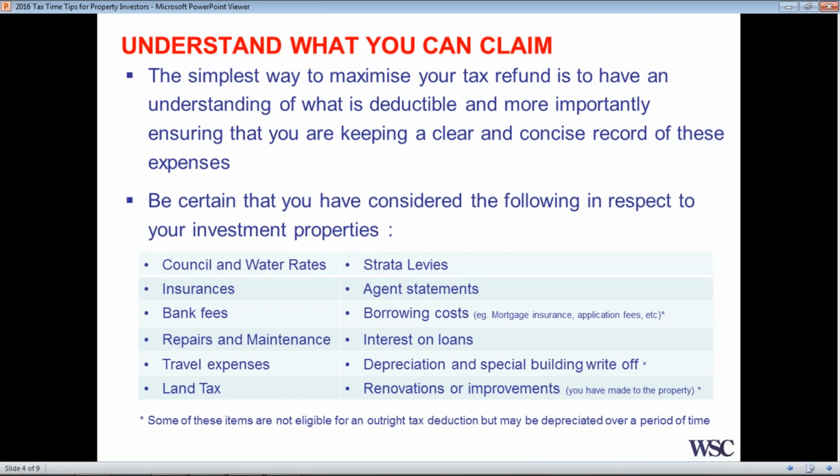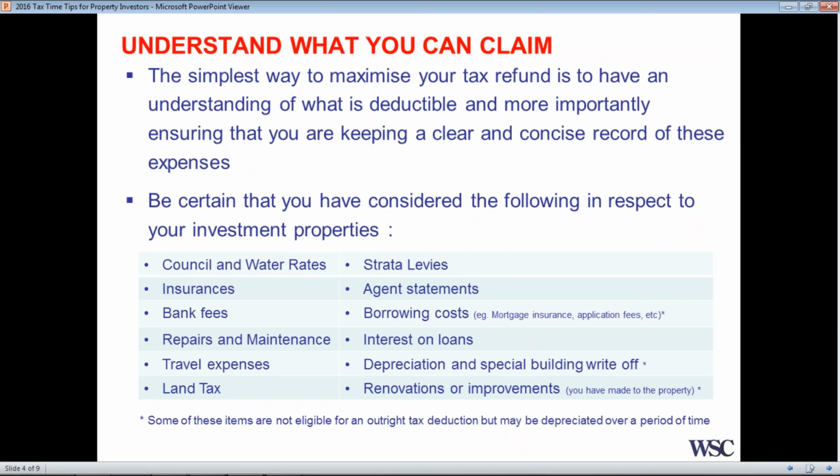Insurances are certainly deductible: building insurance, landlord's insurance, rental protection insurance. Agent statement costs and agent management fees are certainly deductible. You can see there are a couple of other costs too: bank fees, straight bank charges, and monthly costs you might have that are deductible.